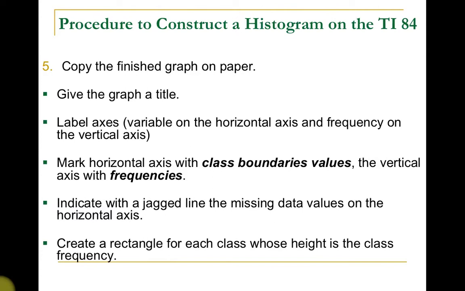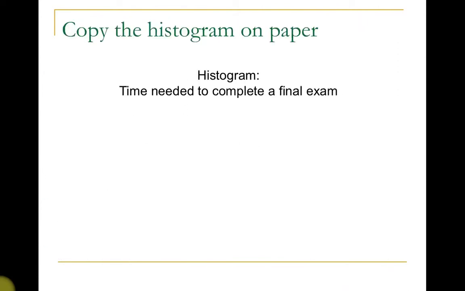We create a rectangle for each class whose height is the class frequency. So our frequency distribution table, the title could be Histogram, time needed to complete a final exam. So we give it a title. We label the two axes, frequency on the vertical and minutes on the horizontal. We label the vertical axis.